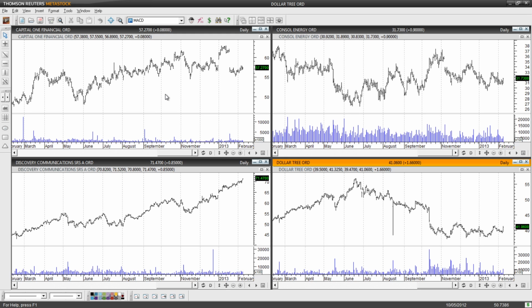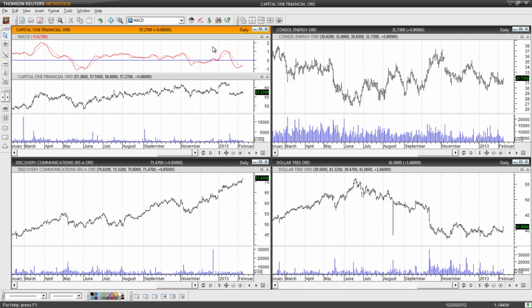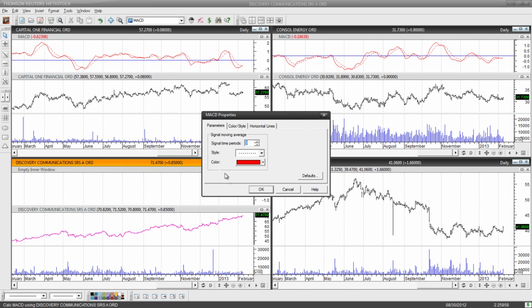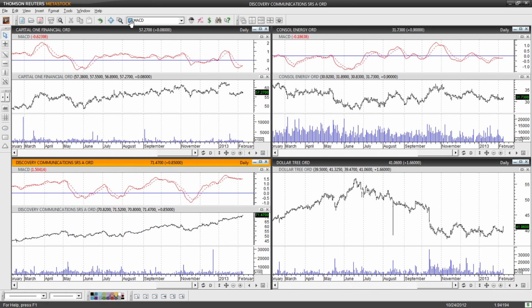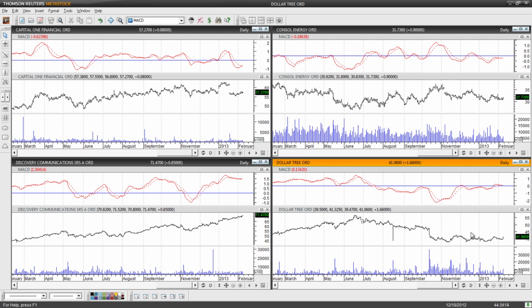Okay, so the scan that we ran gave us a MACD buy or sell opportunity. Let's put the MACD indicator on here. We could also put on those buy and sell signals we saw earlier if we wanted, but this is going to show us those buy opportunities on the chart.